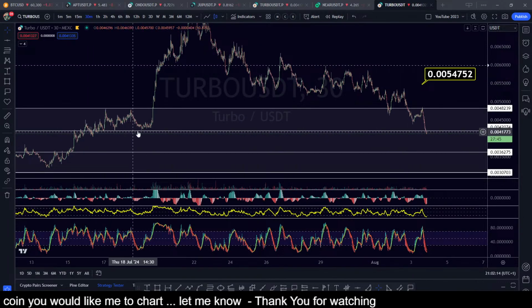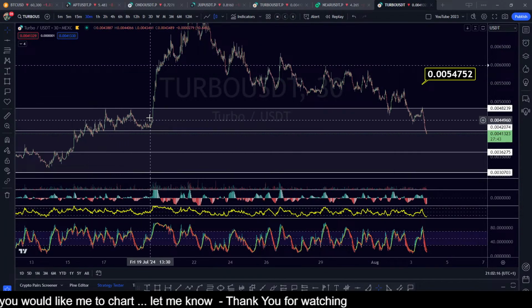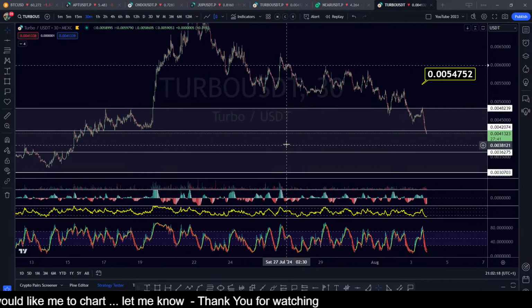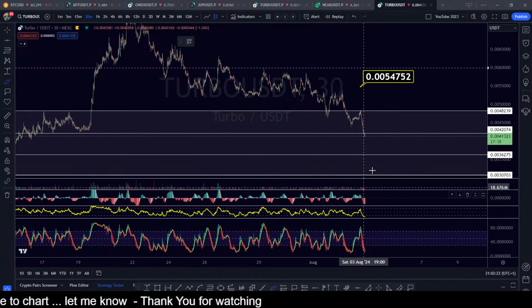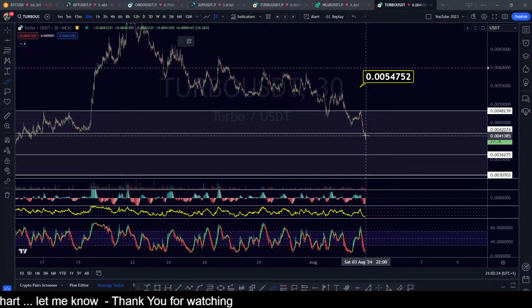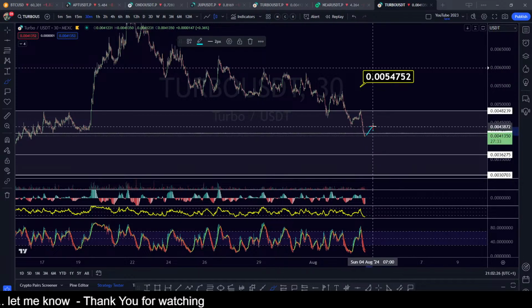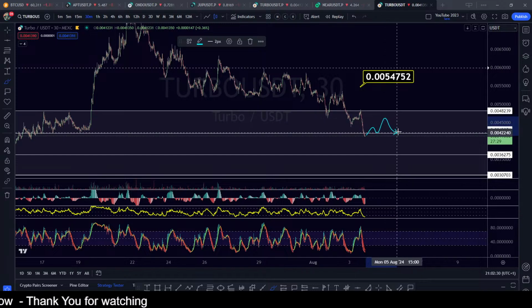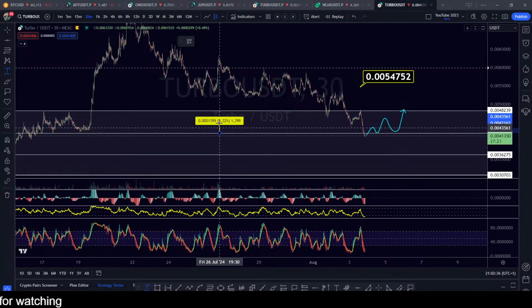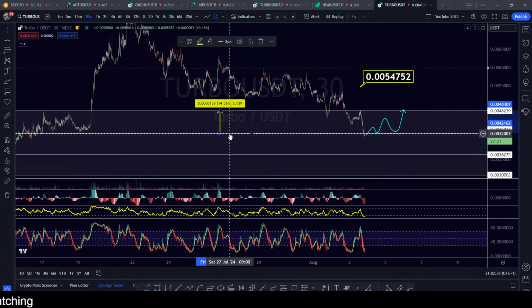Look right here, guys. I want you to notice this right here. Now, why don't we enter once it breaks this level? And let's say we enter and we hit this number. Okay, what does the price range tool say between these levels? 15%.